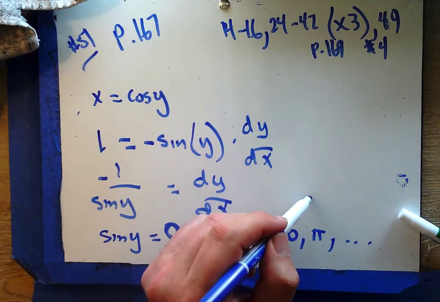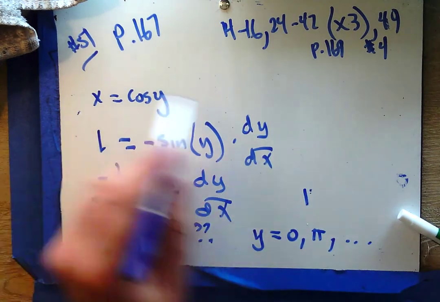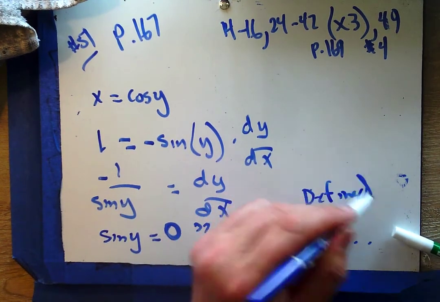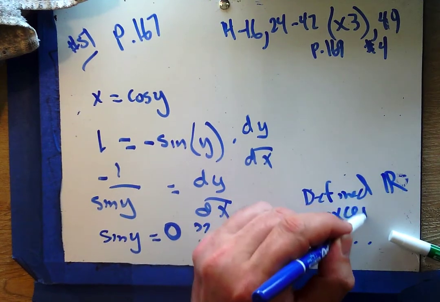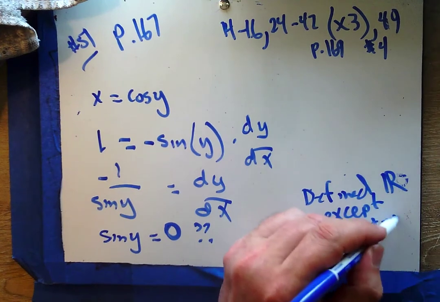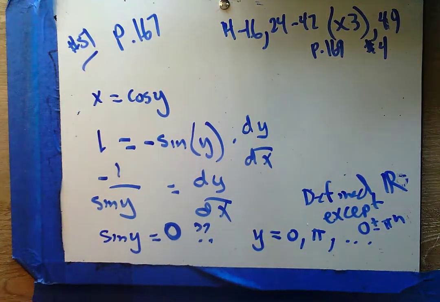So what we could say is this function is defined for all real numbers except 0 plus or minus pi n. Okay, or you could just say pi n. That would work. Nice. That was pretty straightforward.